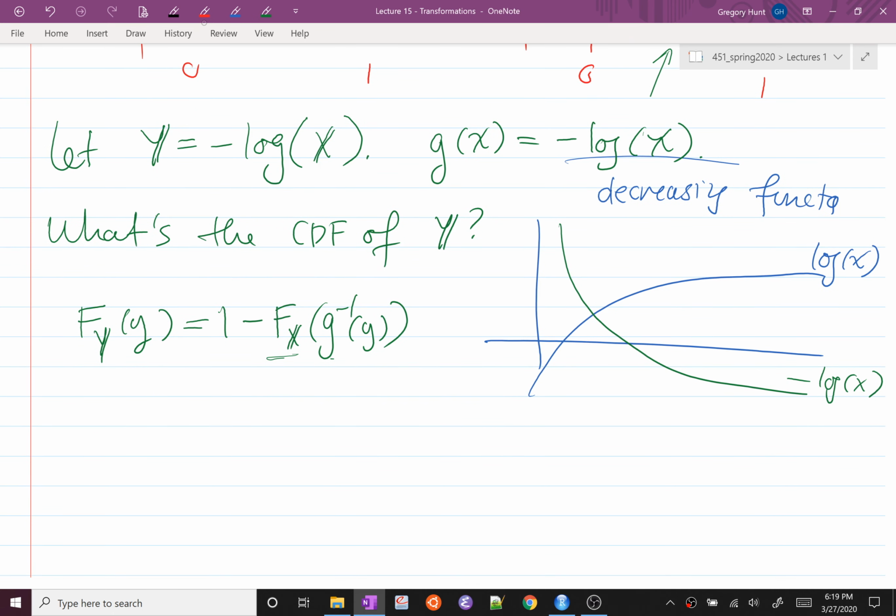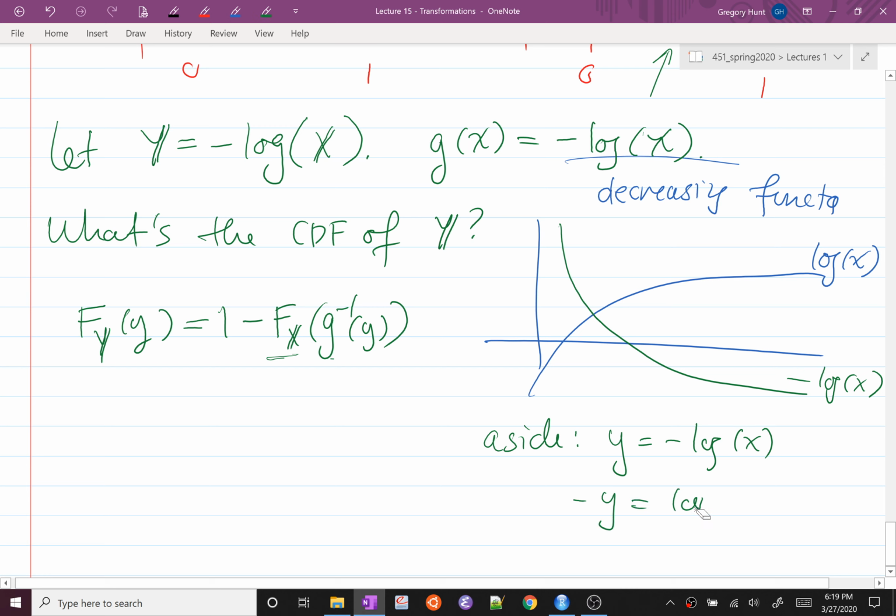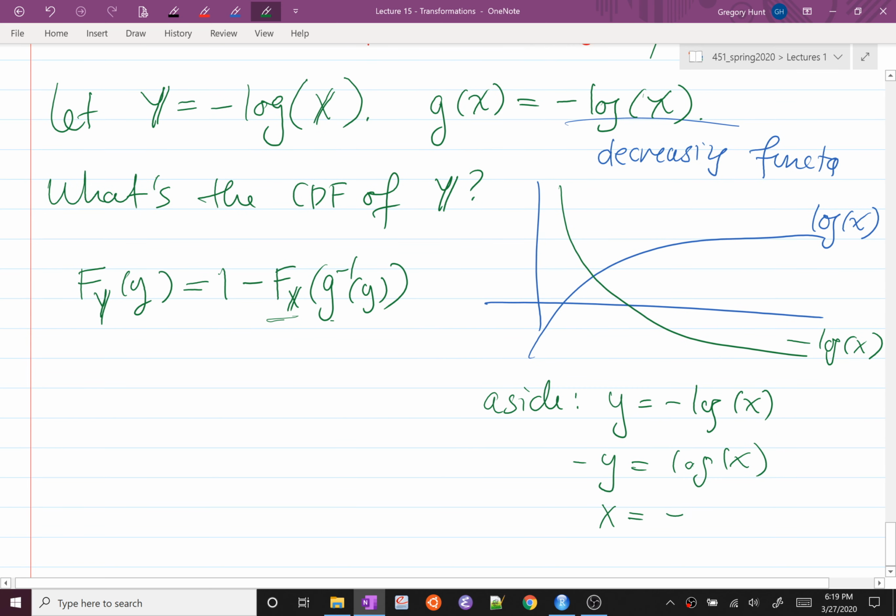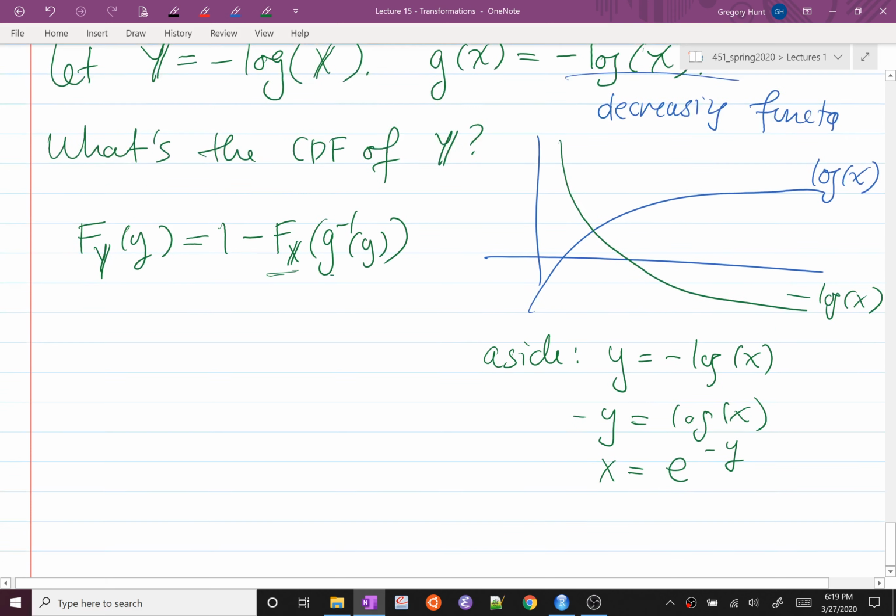So as an aside, if y is negative log of x, we can move the negative over. Negative y is log of x. X is e to the negative y. And so this is g inverse of y, right? So we solve for the inverse function. And so this is 1 minus the CDF of X at e to the negative y.